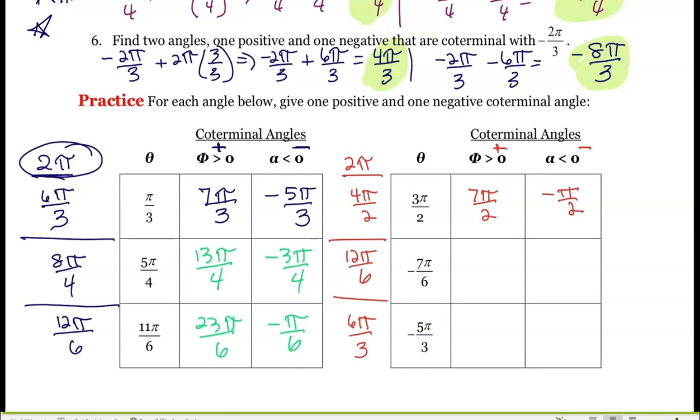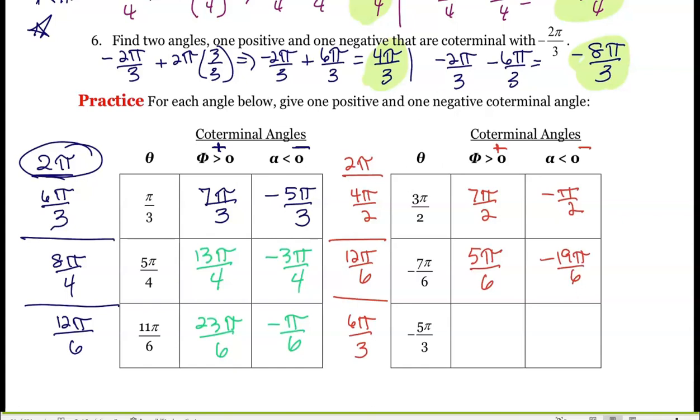Okay, if I add 7 pi over 6 and 12 pi over 6, I get 19 pi over 6, which is my positive coterminal angle. If I subtract away 12 pi over 6, I will get negative 5 pi over 6.